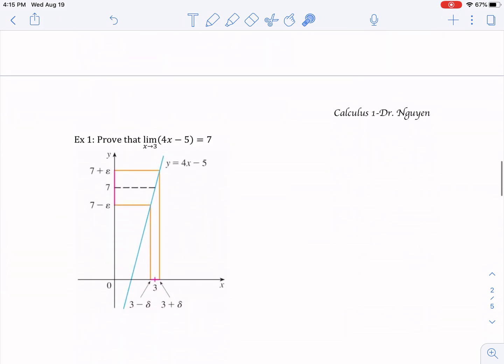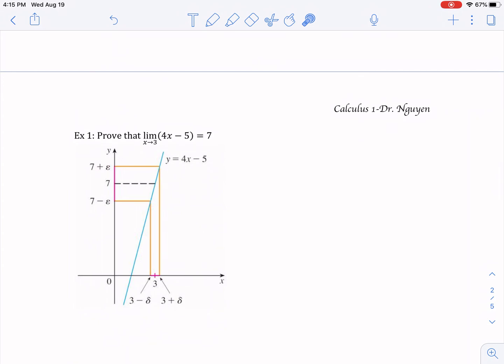So let's take a look at example 1. We want to prove that the limit of 4x minus 5 equals 7 when x approaches 3. All right, so you can see right here, we want to find that number. Okay, so let's do it.